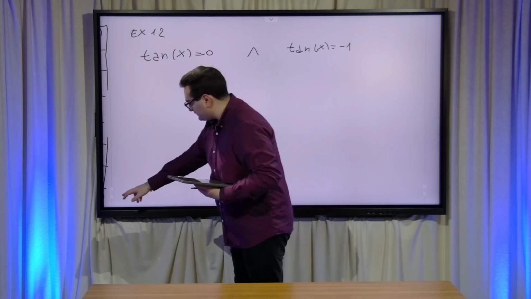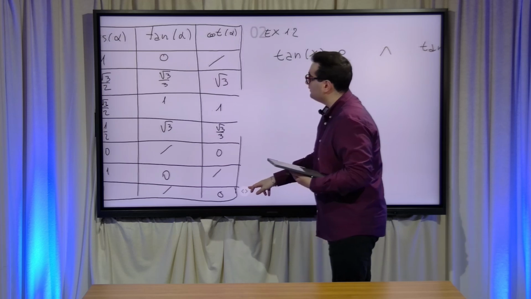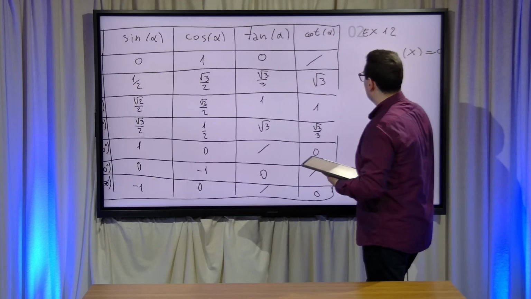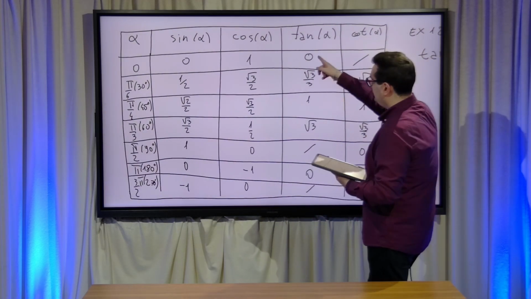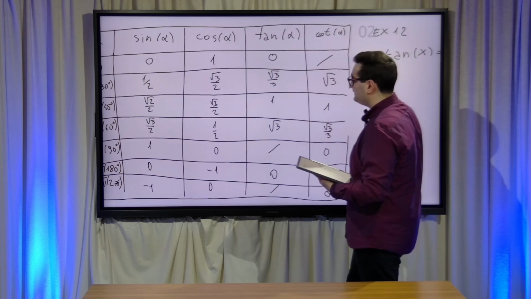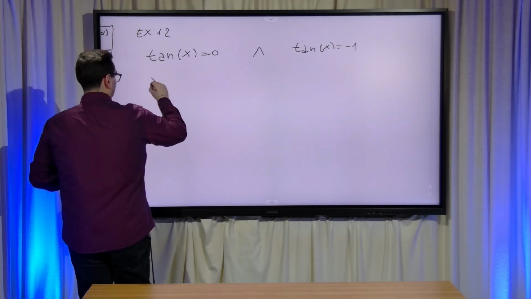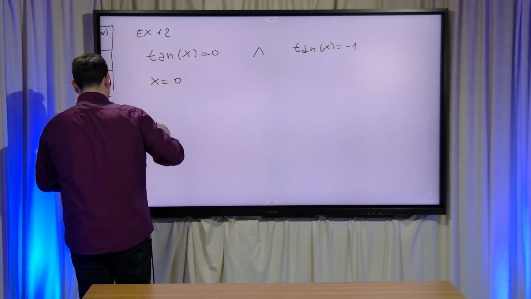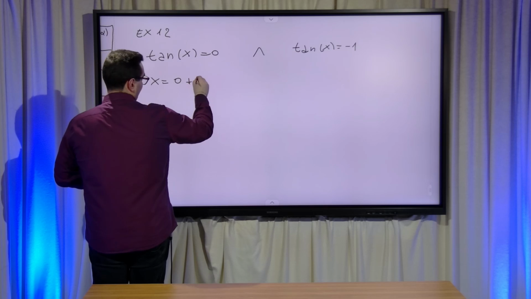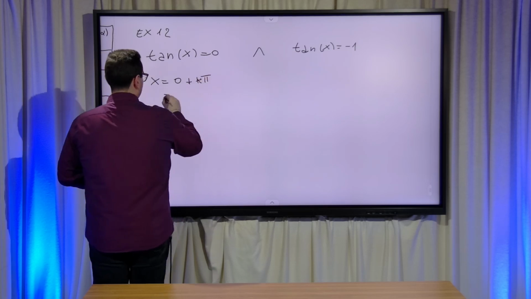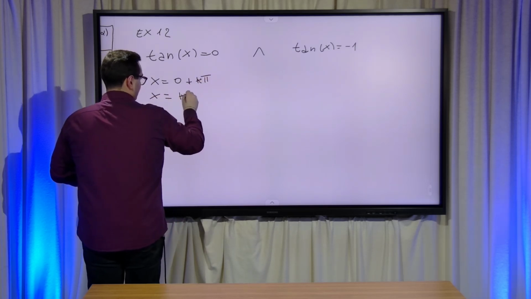Now, let's go again in the table. So, from the first one, I get that x is equal to 0, again plus k pi, so this is simply k pi.